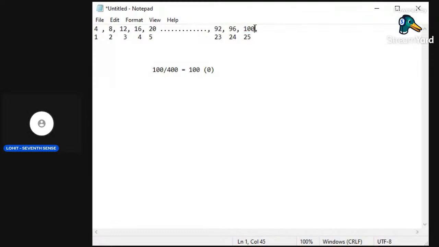That means this 100 will be considered an ordinary year. For that reason, I have only considered 24 leap years, and the rest are non-leap years.